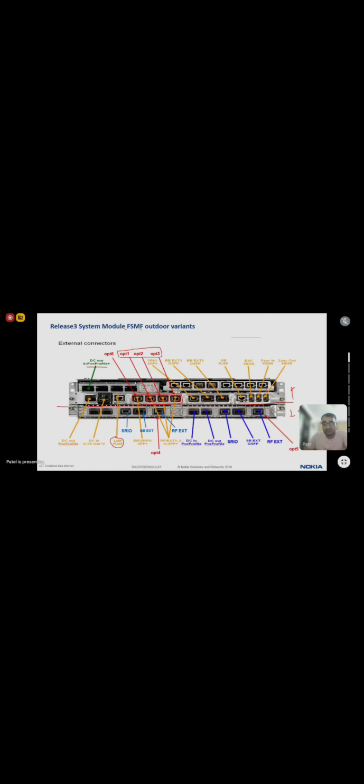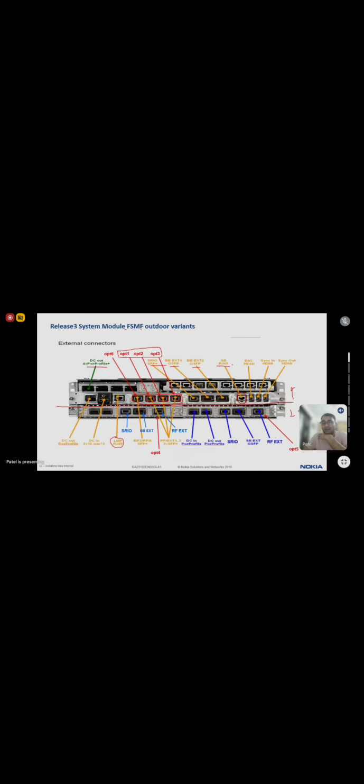If you want to add more cells or more configuration, we need some extension cards also. We have two types of extension card in the BTS, and we will see further what the ports are. This is the CDU to connect one system module to another system module, and this is the external SCF, and this is our connectivity.